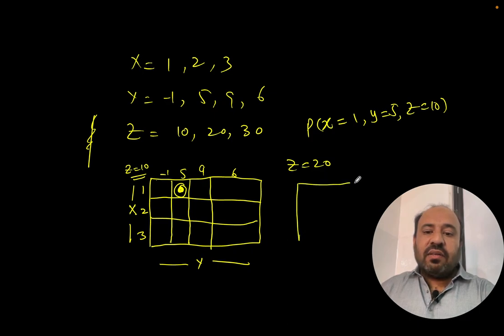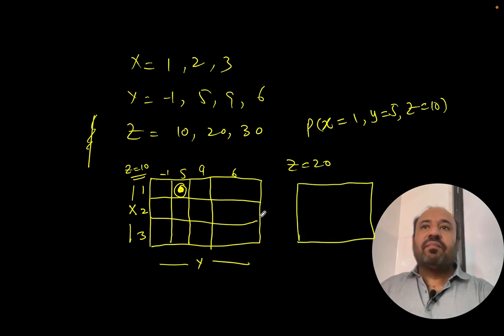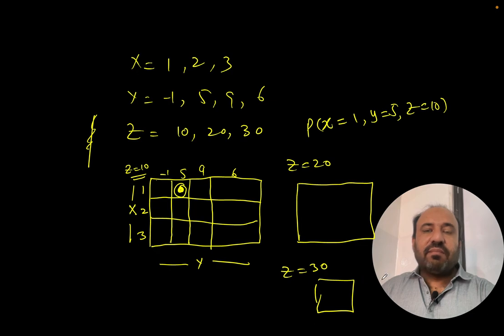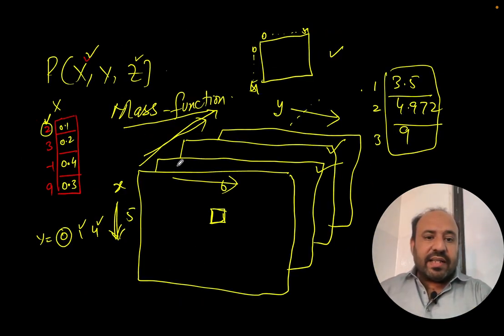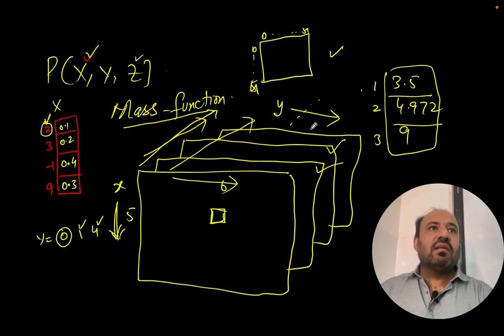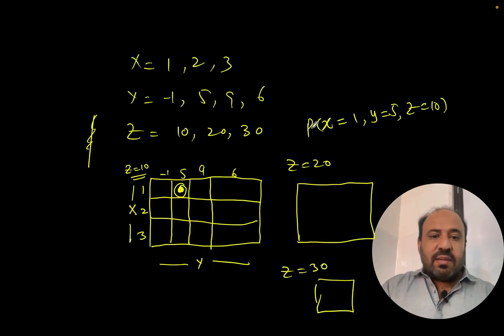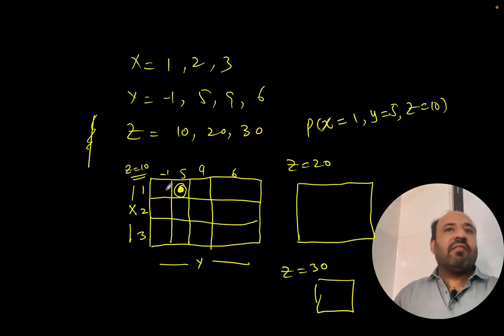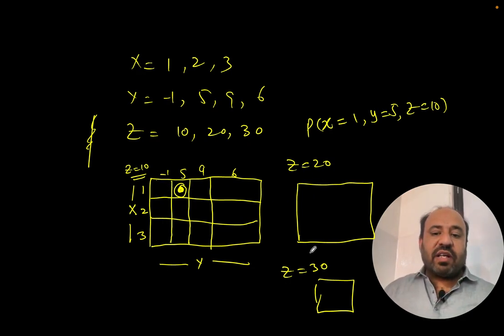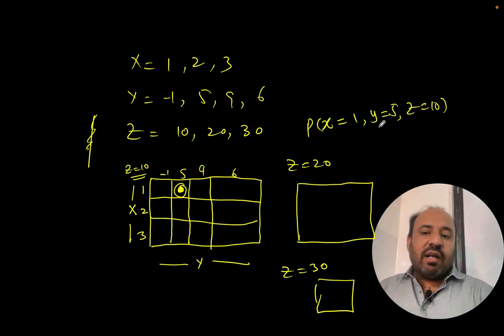That will be another 3 by 4 matrix. For z equal to 30, you will have another 3 by 4 matrix. You can stack them and make them look like this, or you can simply say that for z equal to 10 I have a matrix, for z equal to 20 I have a matrix, and for z equal to 30 I have a matrix. So what is the probability that x is 1, y is 5, and z is 30, for example?